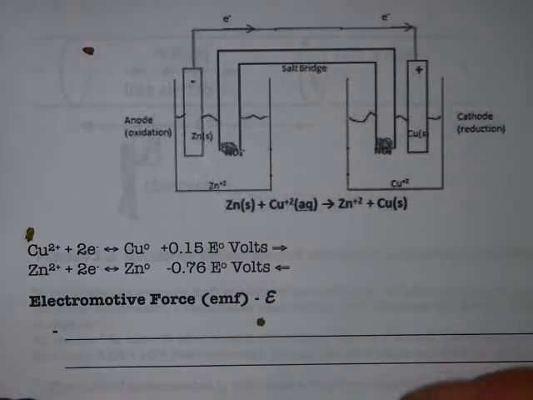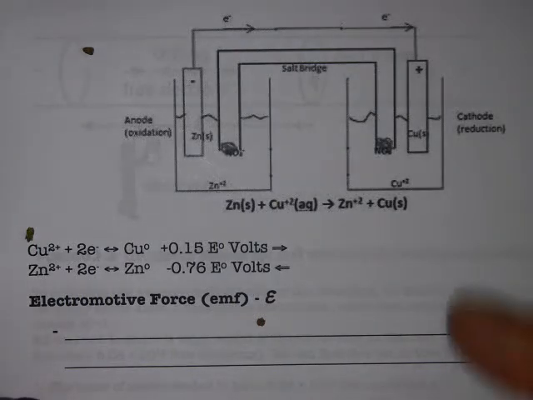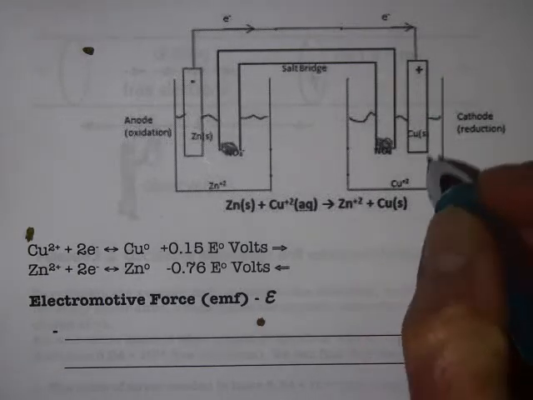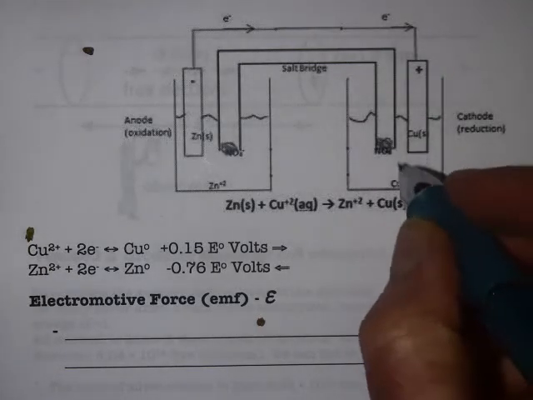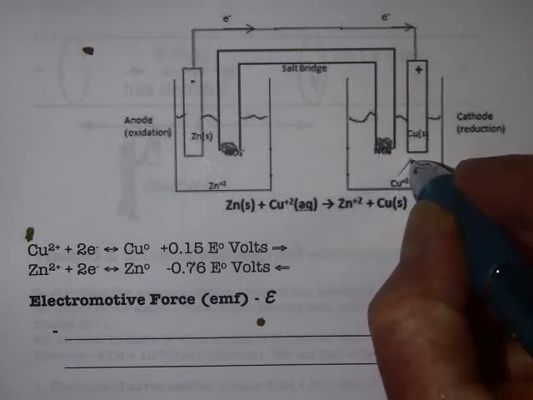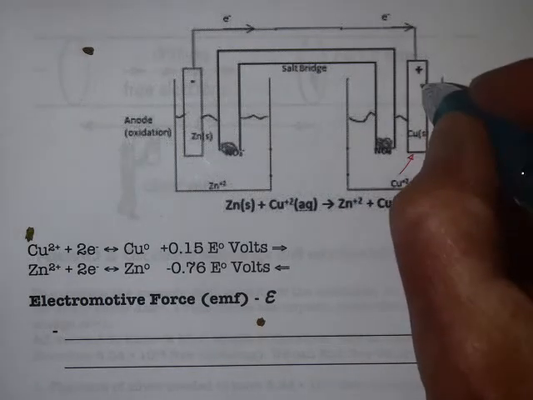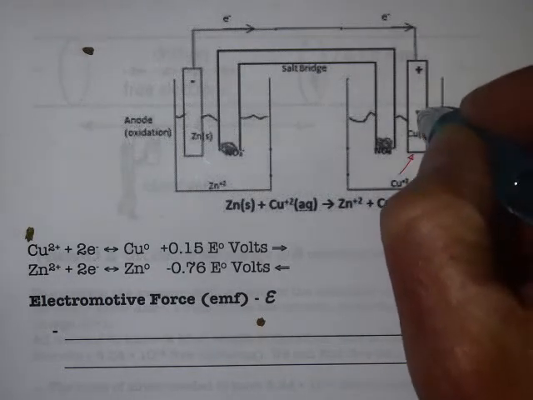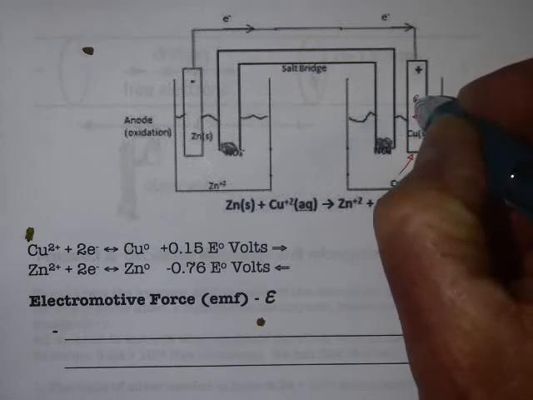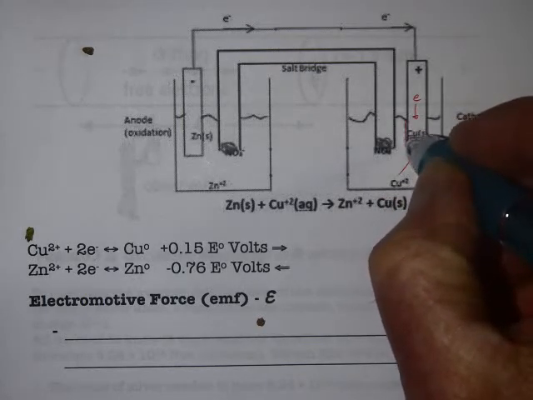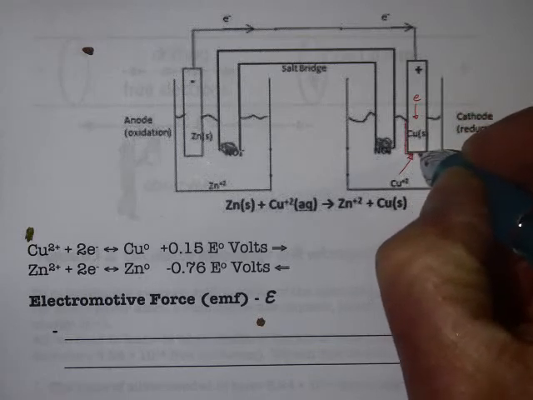So basically what we would expect to see, based on reduction potentials, is that the copper has a tendency to pick up the electrons that are produced and to form copper around here.